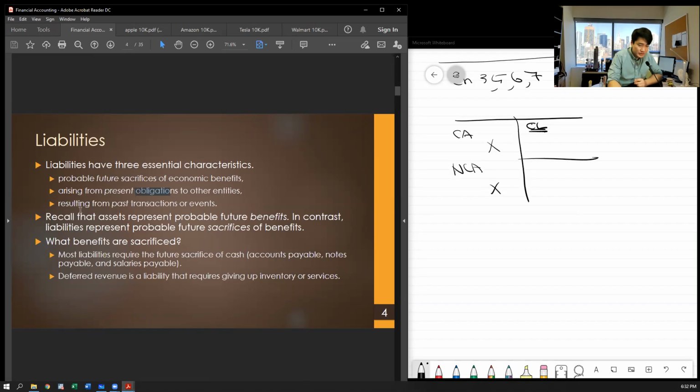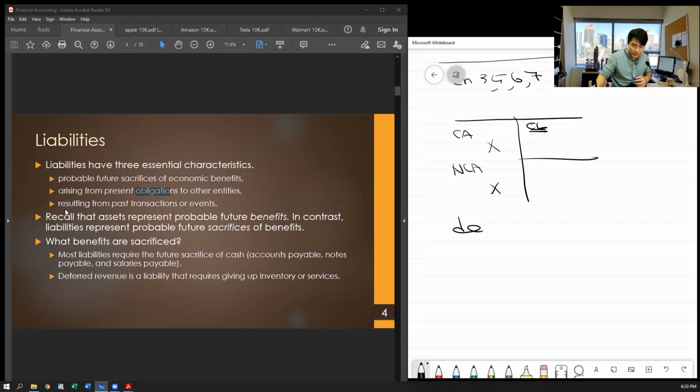Usually liabilities result from past transactions. For example, if the company borrowed money from a bank, that means the transaction happened in the past, and then you are going to report a liability. Or if the company received money in advance for services to be performed in the future, we talked about deferred revenues, right?